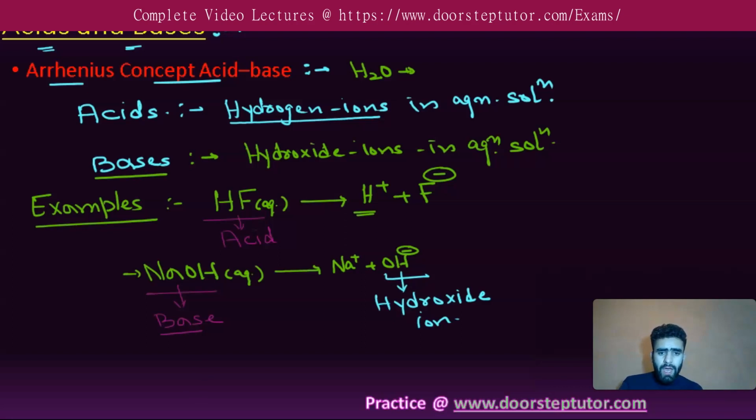So this was all about the Arrhenius concept: any substance which gives hydrogen ion in aqueous solution is an acid, and any substance which gives hydroxide ion is a base.